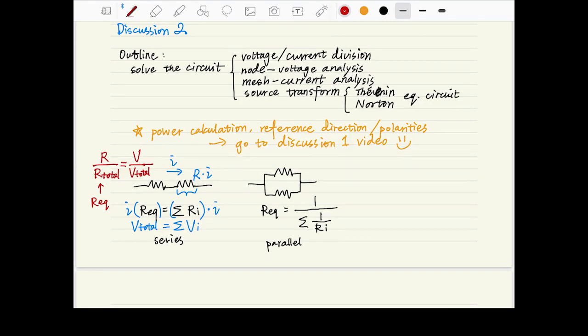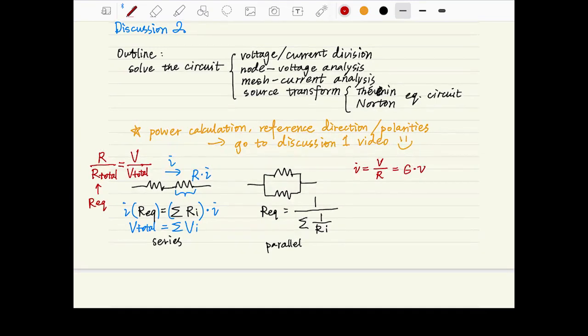We don't need to memorize it. We just need to understand it, then we can use it. Similar things happen for resistances in parallel. But the difference is that the variable they share is not current, it is voltage now. And we know I is equal to V over resistance.